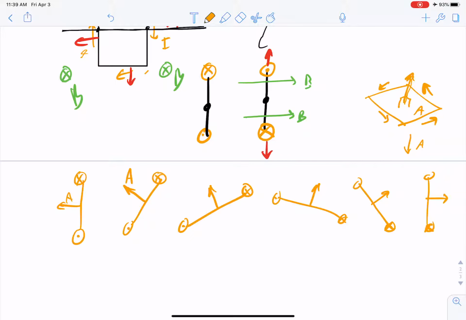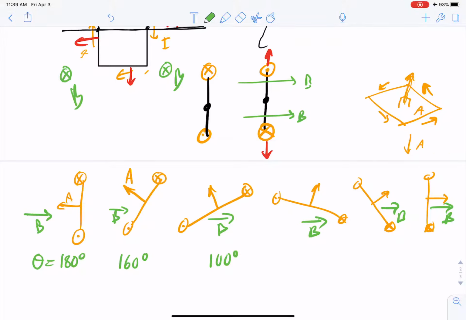Okay, so we start off in this diagram with the magnetic field this way. So we start out anti-parallel, so the angle between them is 180 degrees, and then it decreases like that.